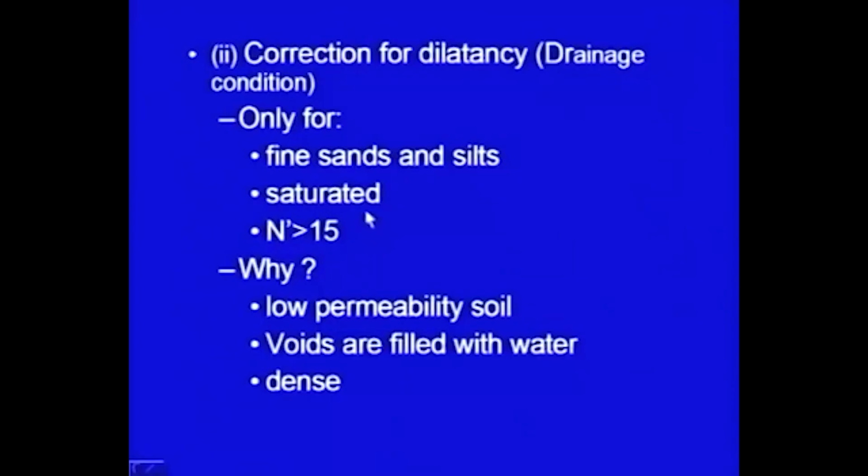The sequence of correction will be same. First is the observed value of N, and then you get the overburden corrected value of N, that is N dash. Now, why do we apply this correction for this condition only? The first point is we apply it for fine sands and silts because they are low permeability soils. I discussed the undrained condition will occur when the permeability is relatively low.